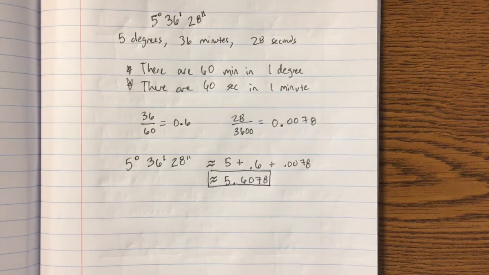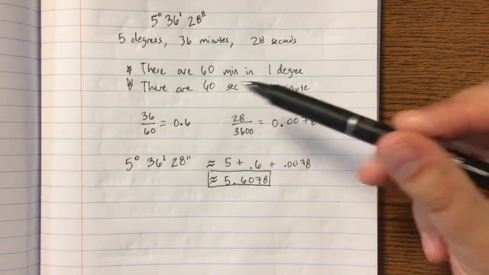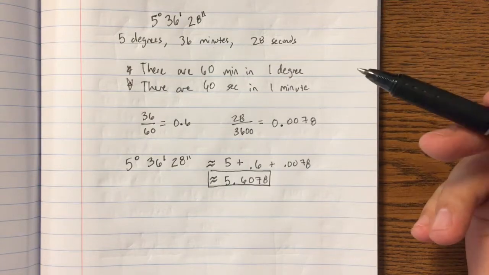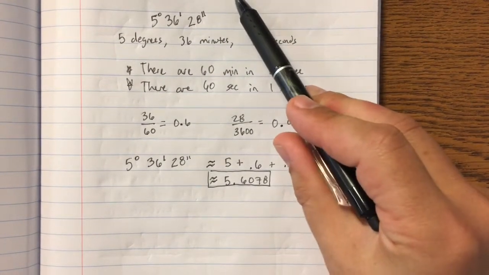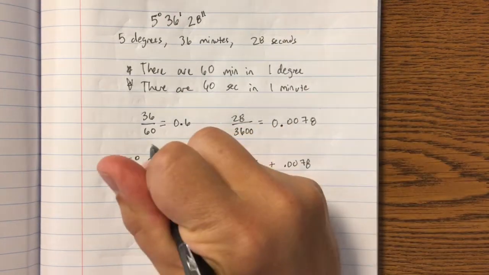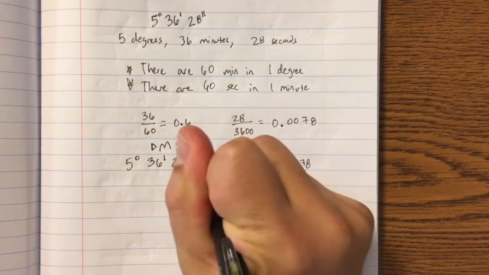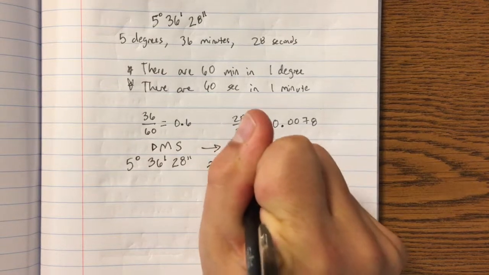You can go backwards too. You can go from the decimal to degree, minute, seconds. It's not super difficult, but it's a little bit more work. I think that going this way is easier for me anyway. So this is if you're going from degree, minutes, seconds to decimal. So I'll just make a little note here: degree, minutes, seconds to decimal.